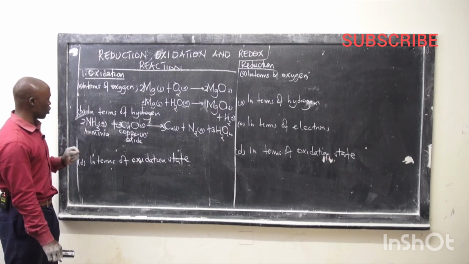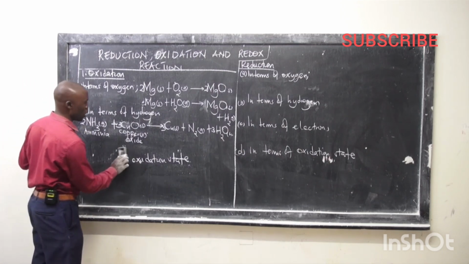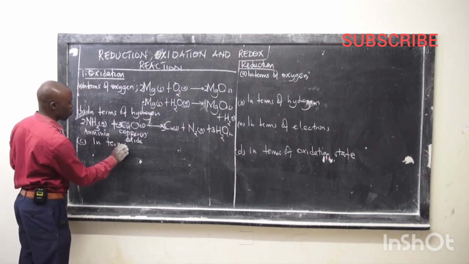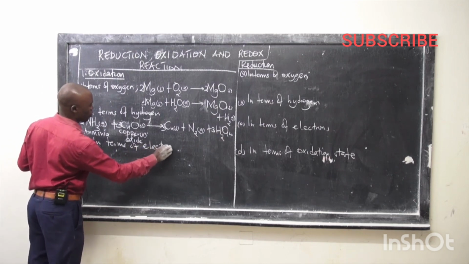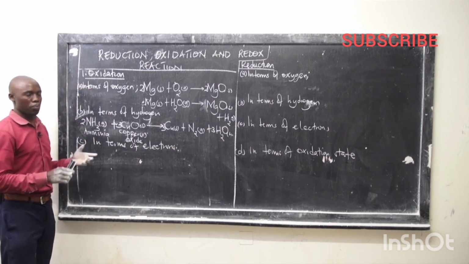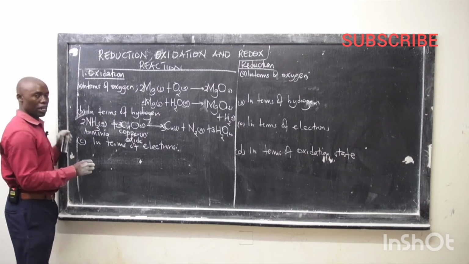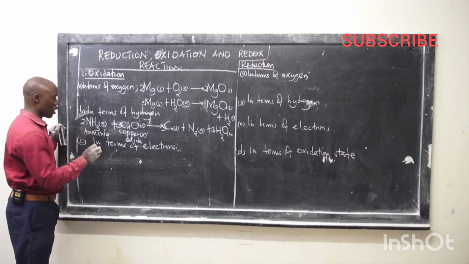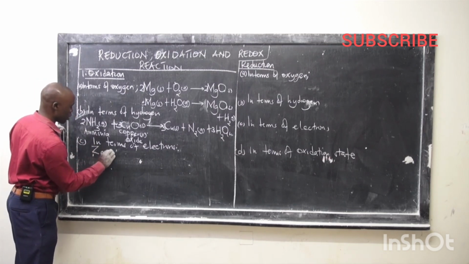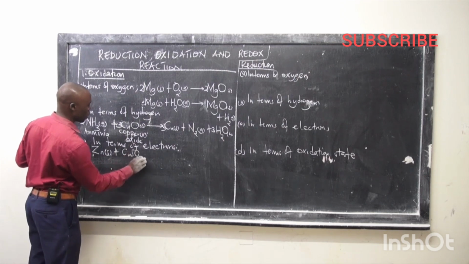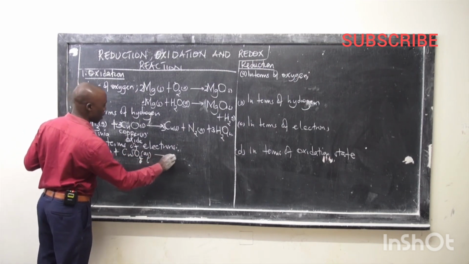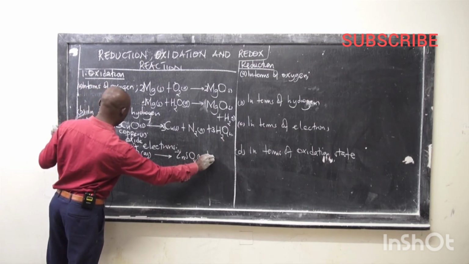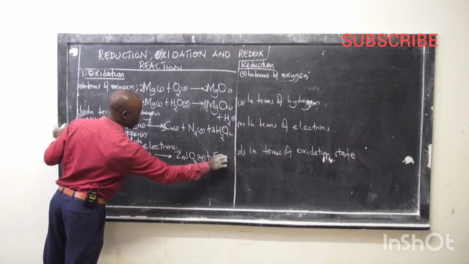So let's dive into oxidation in terms of electrons. Let me use a simple illustration of a reaction between zinc granules and copper(II) sulfate to give us zinc sulfate plus copper metal.